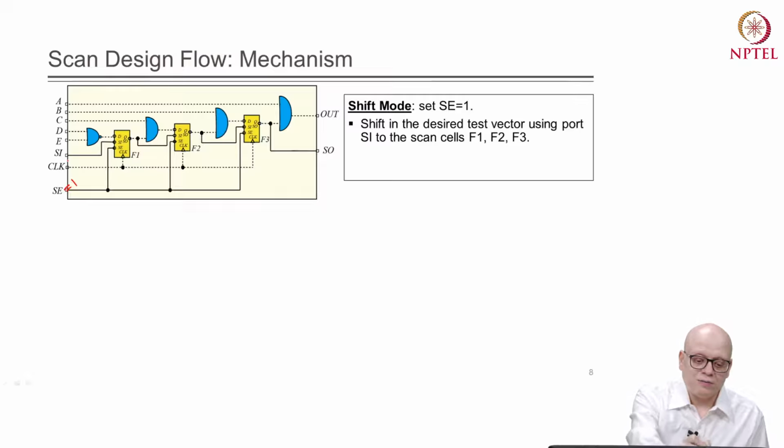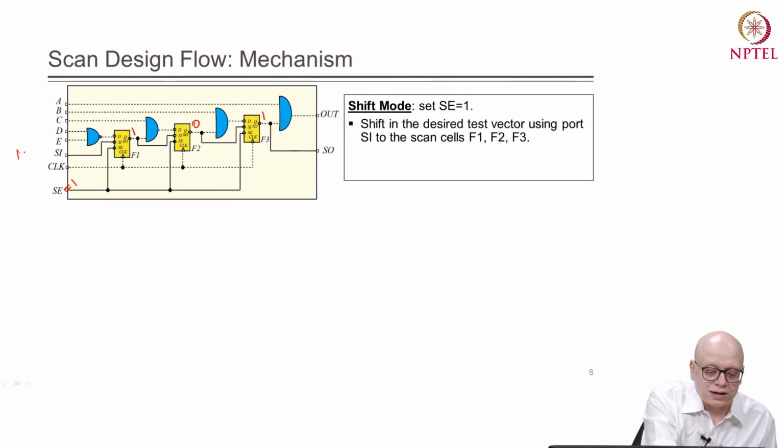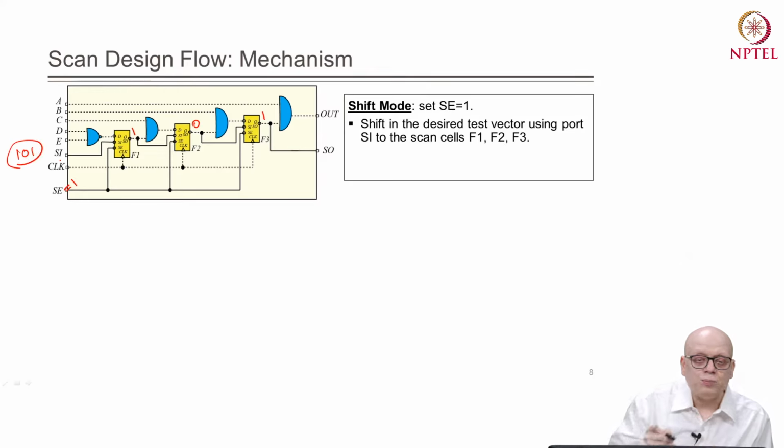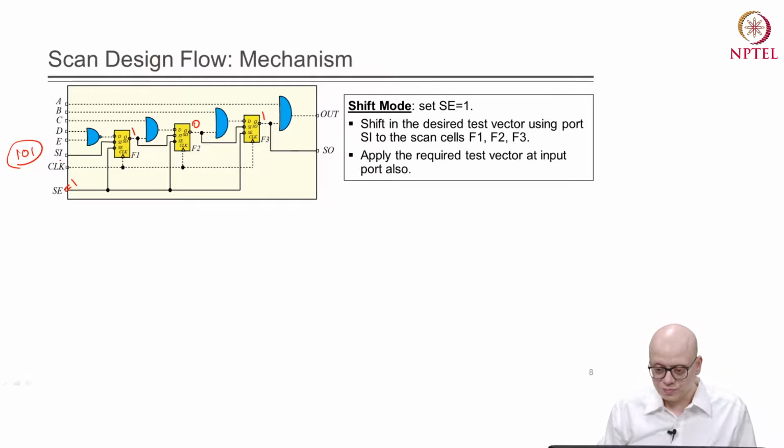For example, now we will shift in the required test vector. For example, say we want 1, 0, 1. We apply 1, 0, 1 here at the scan input, and then allow it to propagate through the scan chain, and then we will get these values at the Q pins of the scan cells.